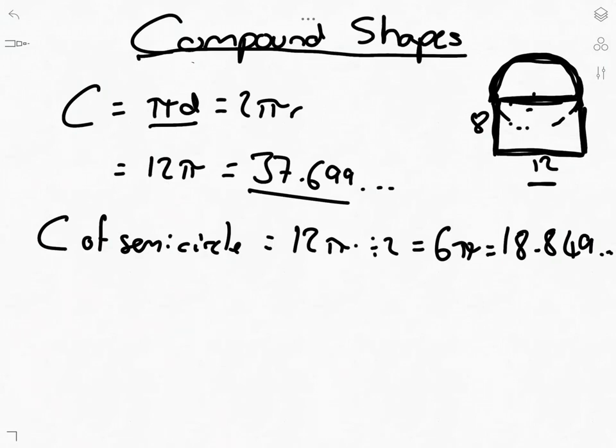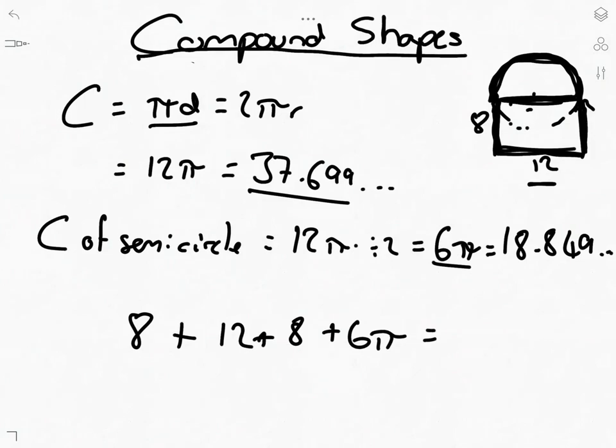Okay, so again, we're not rounding until the very end, and then we're going to have 8 add 12 add 8 add our 6 pi, and this is going to give us the exact answer. So let's just do that. 28 add 6 pi, we get 46.84, and then it's 9, so we're going to write it as 46.85 centimeters.